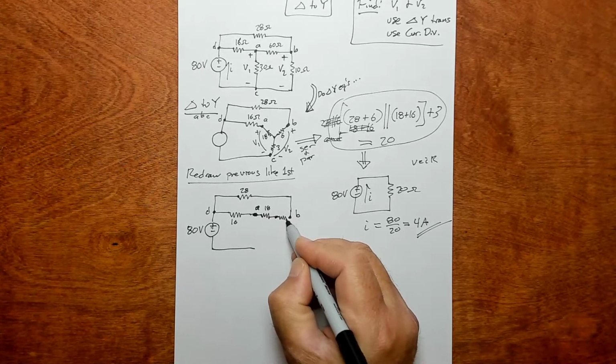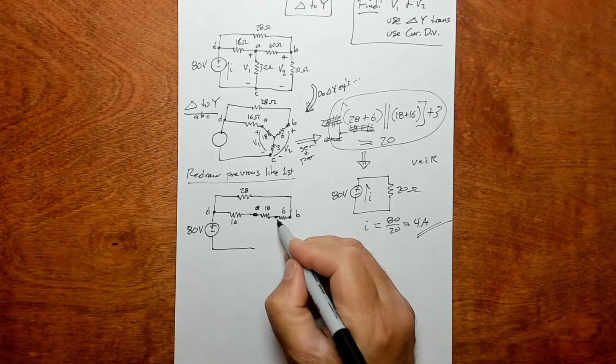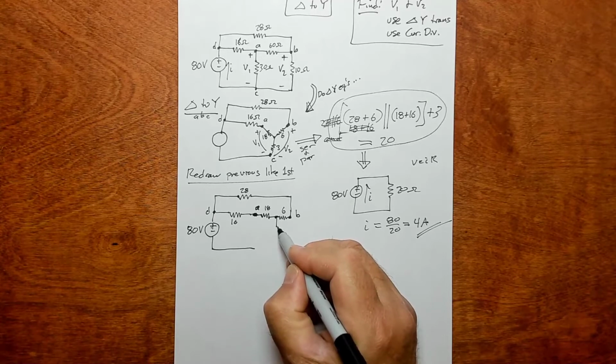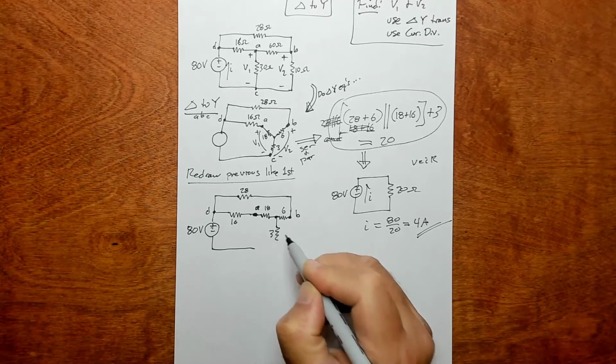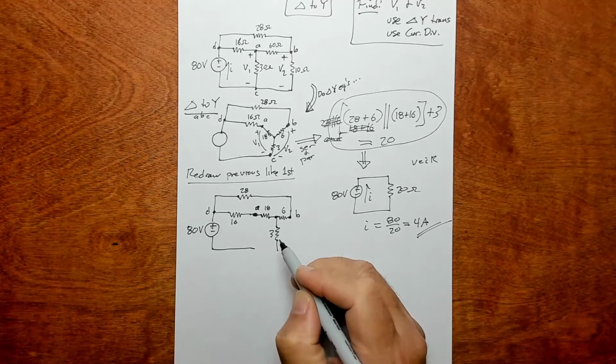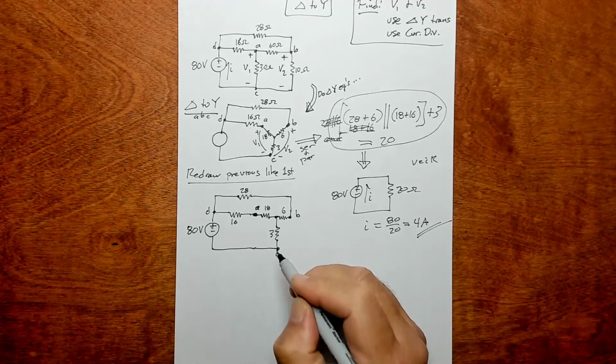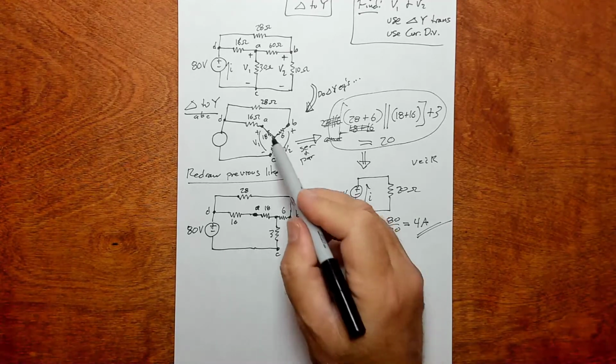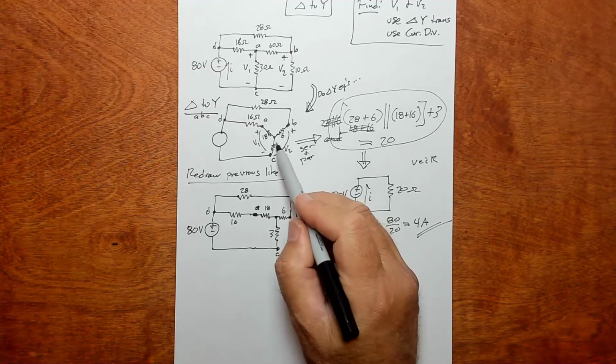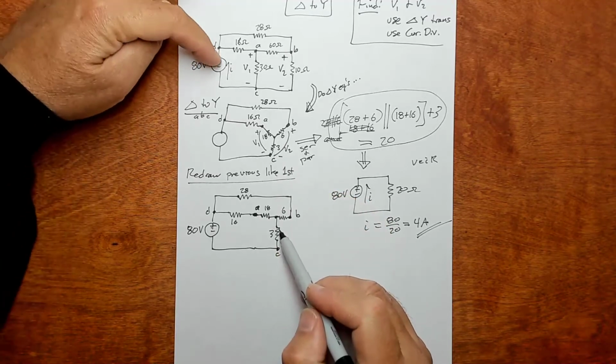Then there's the 6, and then the 3 was in here, and they come down to node C. I sort of straightened out this Y right here so that it looks a little bit more like the original.